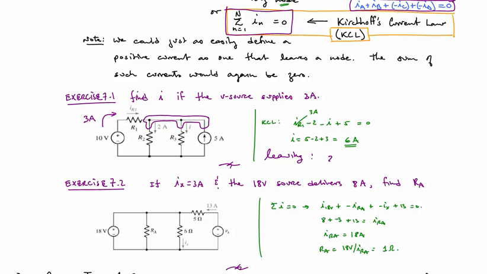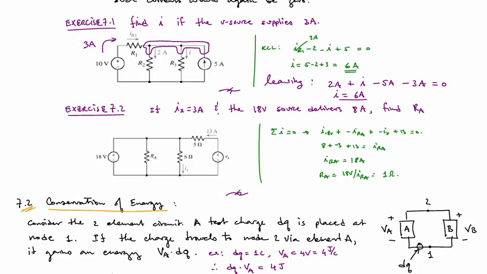We have 2 amps leaving down through R2, we have I leaving through R3, we have minus 5 amps leaving from the 5 amp source, and from the voltage source we have minus 3 amps leaving, because it's actually entering. We solve for I by bringing all those currents to the right. That means 8 minus 2, or 6 amps.